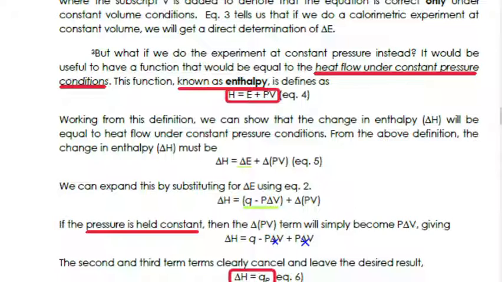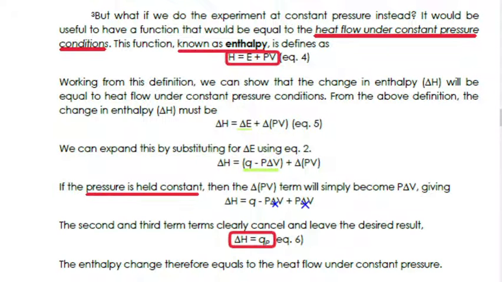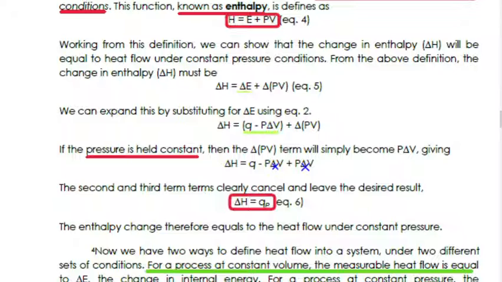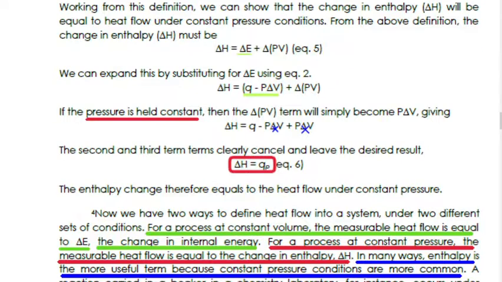For a process at constant pressure, the measurable heat flow is equal to the change in enthalpy, which is delta H. Enthalpy is the more useful term because constant pressure conditions are more common in real life experiments or in real life study.